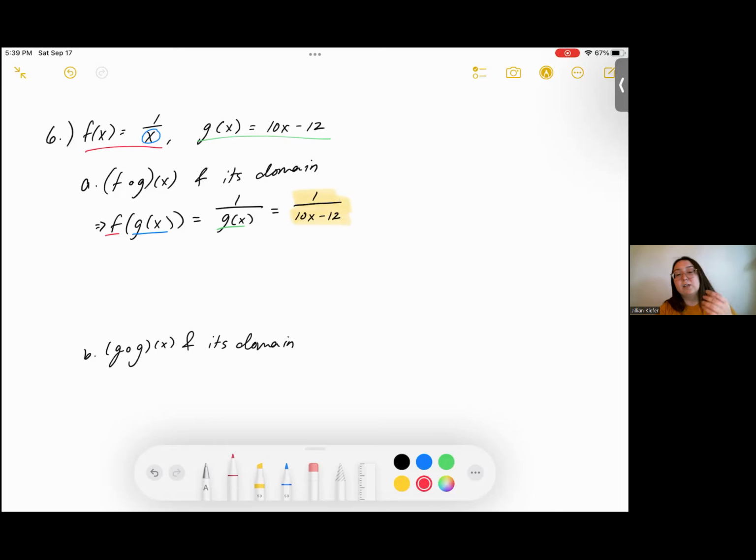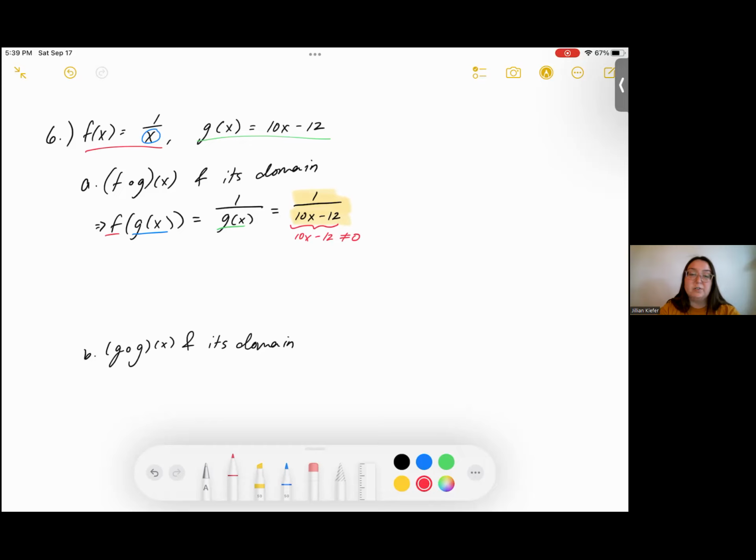And like we did earlier, when we worked on those domain problems, we said that having a fraction where we have x in the denominator is one of the things that messes up domain. And we say that our denominator cannot equal 0. So we're going to do the same thing here. We're saying that 10x minus 12 cannot be 0 for our domain.